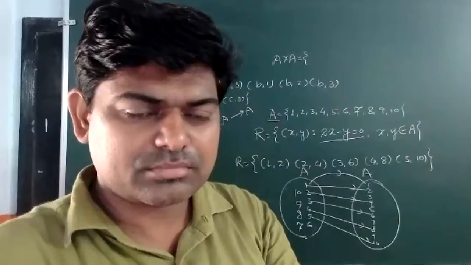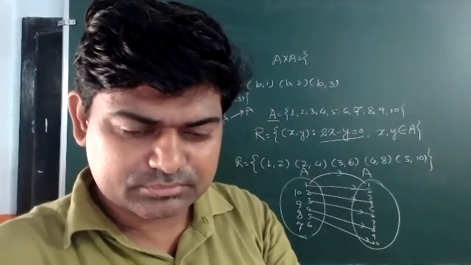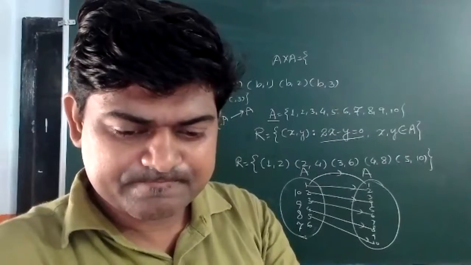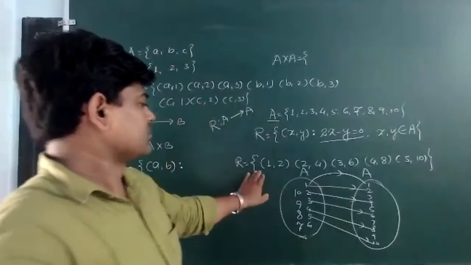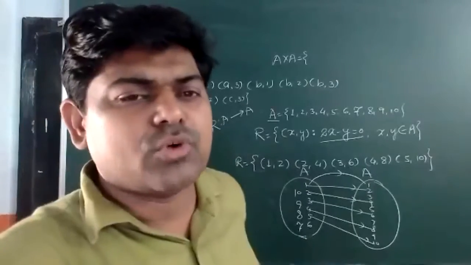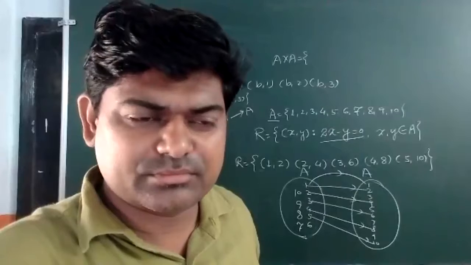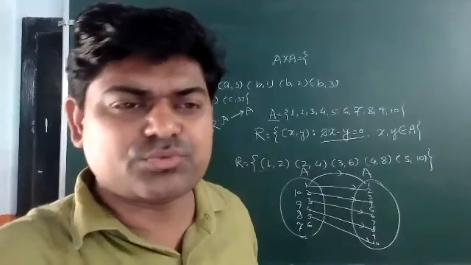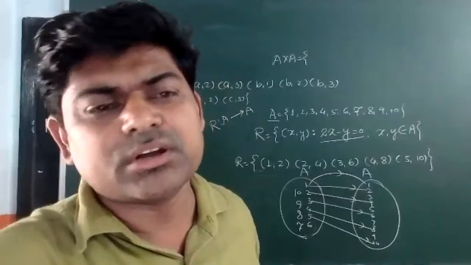Sir, domain means the value which we give to the relation, and the value we get from that relation is the range. It means all the possible values of x for which this relation is defined is called the domain. After substituting this value of x, whatever we get as y is called the range.